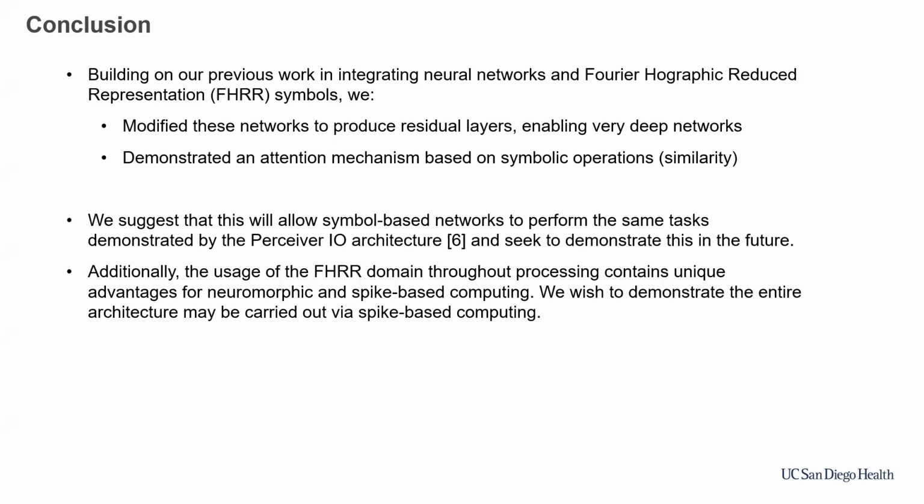And we demonstrated that this attention mechanism we could construct can be based entirely on symbolic operations. And we suggest that in the future, we can use these symbol-based networks to perform the same tasks that were demonstrated by the Perceiver IO. And we would like to also demonstrate that all of this is completely spike compatible and potentially compatible with other neuromorphic implementations that may use things like analog resonators or even photonic circuits.